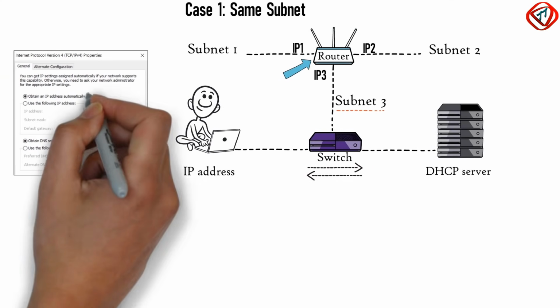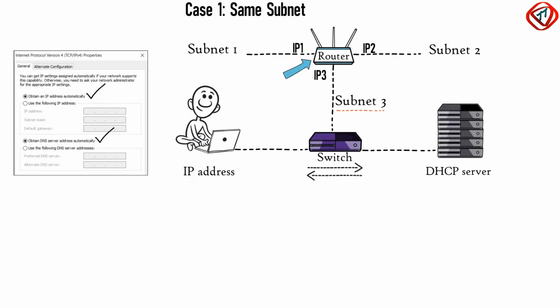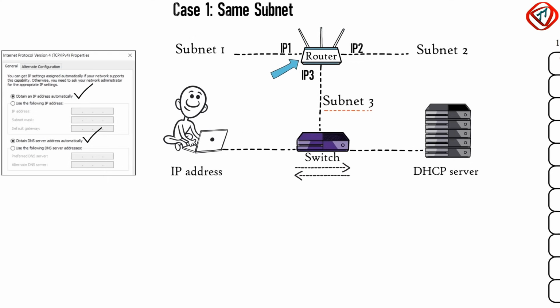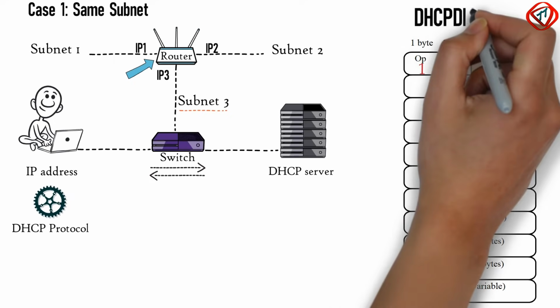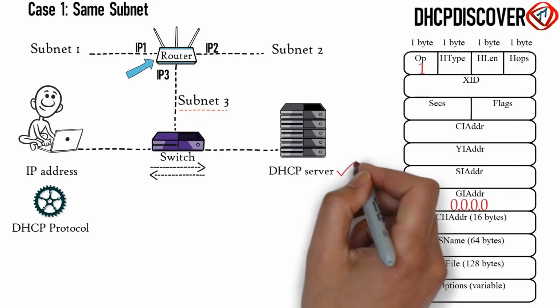Suppose the automatic IP settings are enabled on your laptop. So, as soon as your laptop is connected to the network, the DHCP client runs the DHCP protocol and creates a discover message to find the DHCP server.